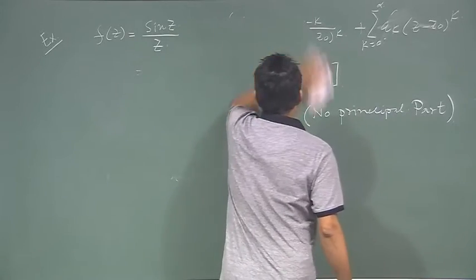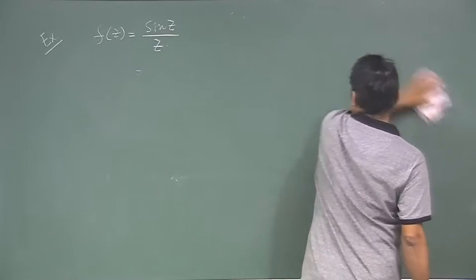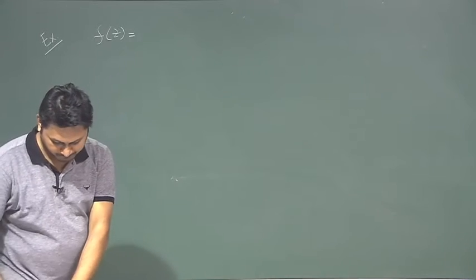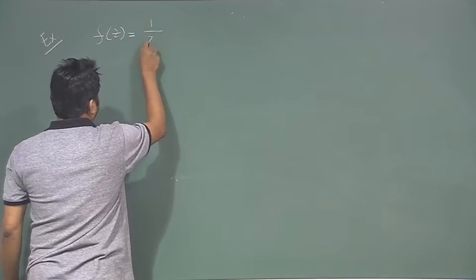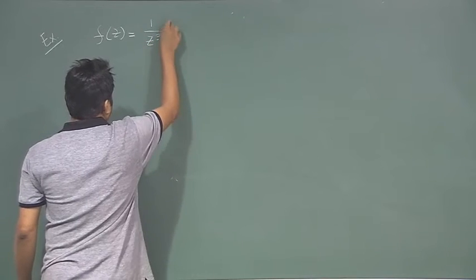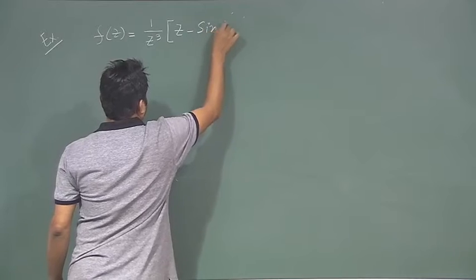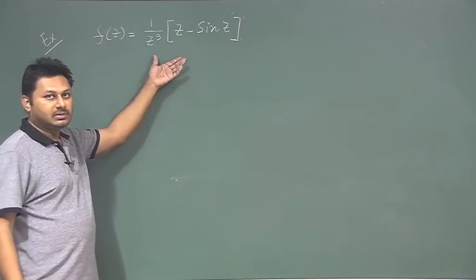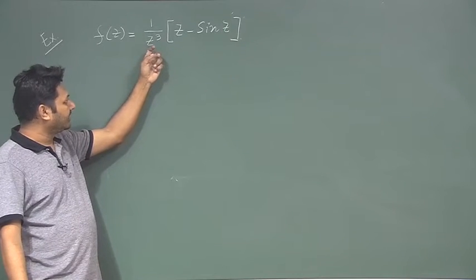Let me give you another example. It is not the only example one can have. So, 1 by z cube, z minus sin z. This is another function, and this function also seems to have a singularity at z equal to 0.